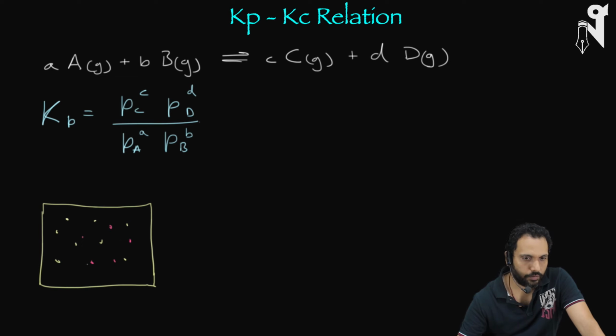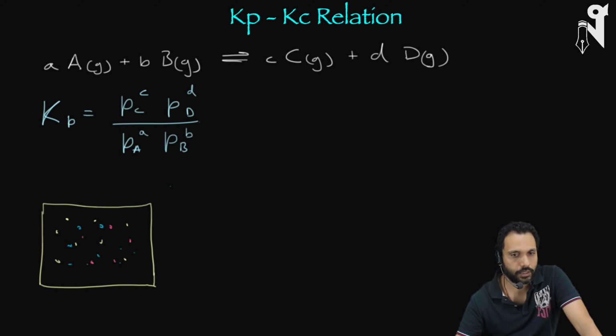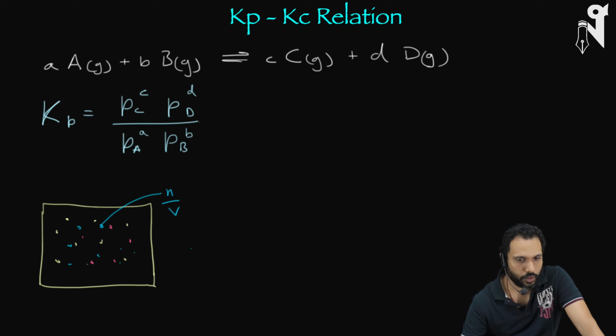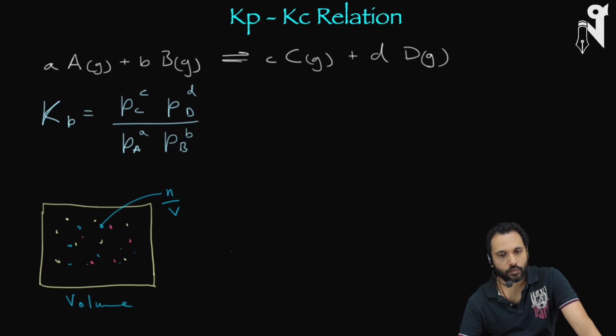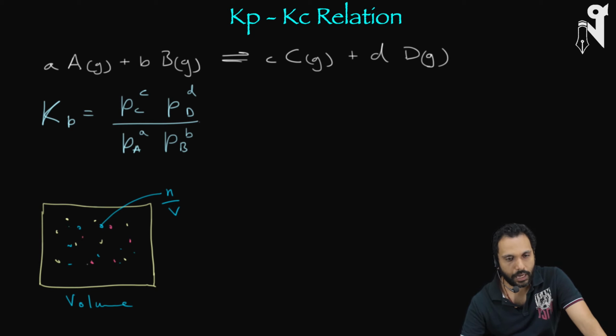They are reacting and forming back, and they have stabilized to a certain value, and their partial pressures are what has been reported. But then somebody says, I don't want to report the partial pressure, I want to report the number of moles of one of the species divided by the volume it occupies. The volume would be the whole chamber volume, which is fixed, a constant. So this equilibrium is happening in a constant volume.